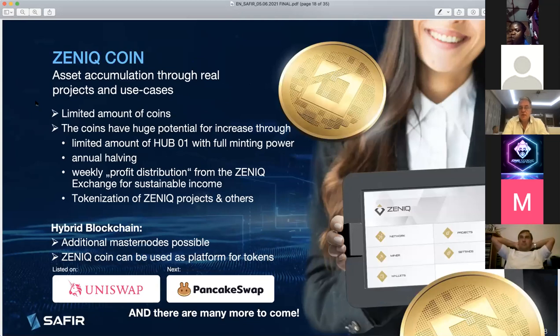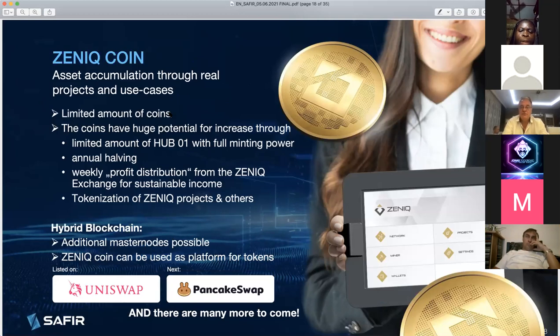So if we then look into the ZENIQ coin, there is a limited amount of ZENIQ coins that can be minted through these minting hubs. The total amount of coins is 600 million coins. The production time, according to the calculations, is approximately 20 years.